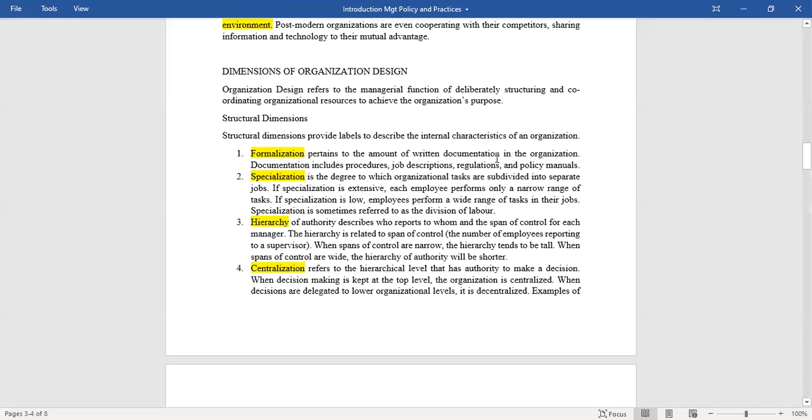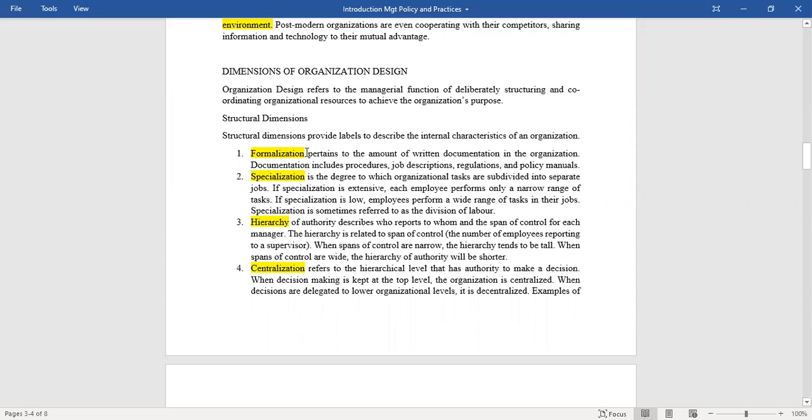And this documentation can be the policy manuals, regulations, or the HR documents. To what extent are they actually written down, and some kind of record is kept of all this documentation.